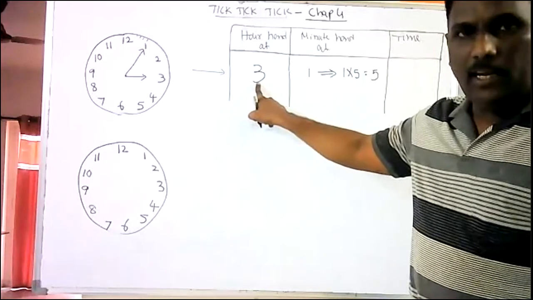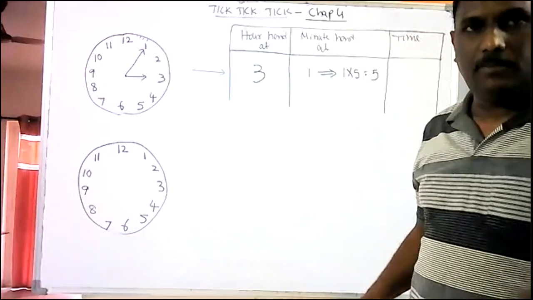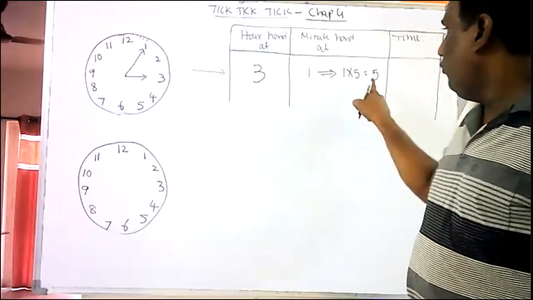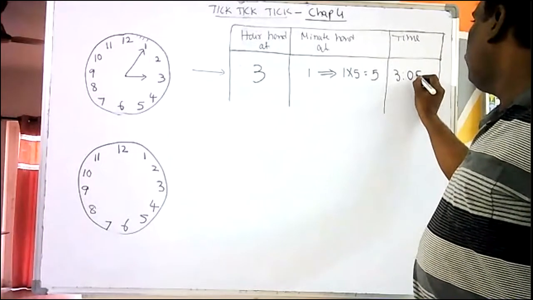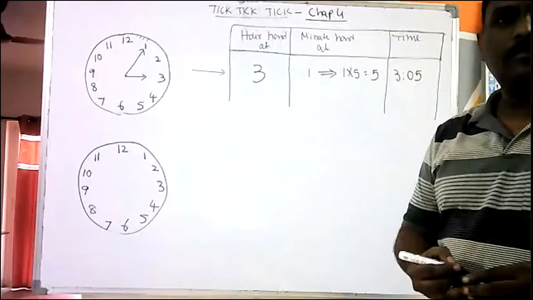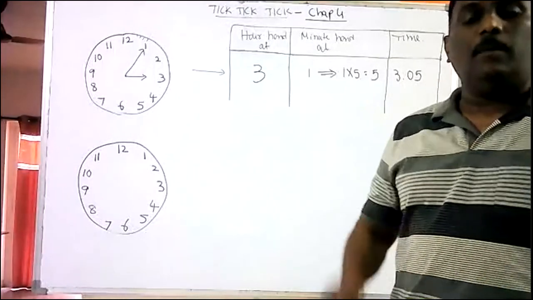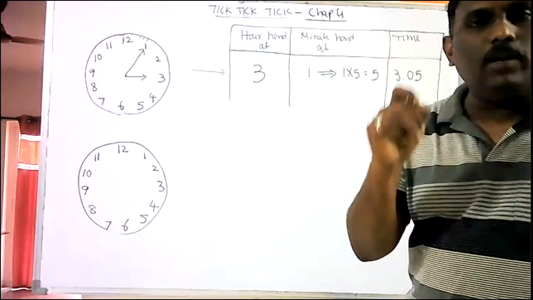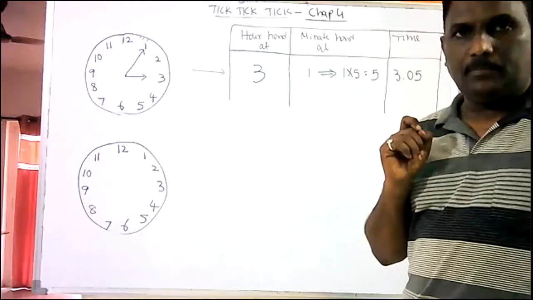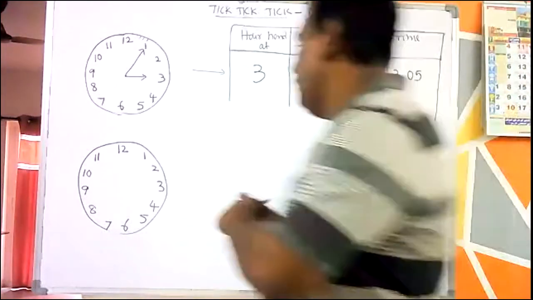Hour hand at 3, minute hand at 1. 1 means it is 5 minutes. So the time will be 3 hours, 5 minutes. Very simple. Many of you know this because practically you are doing this at home.